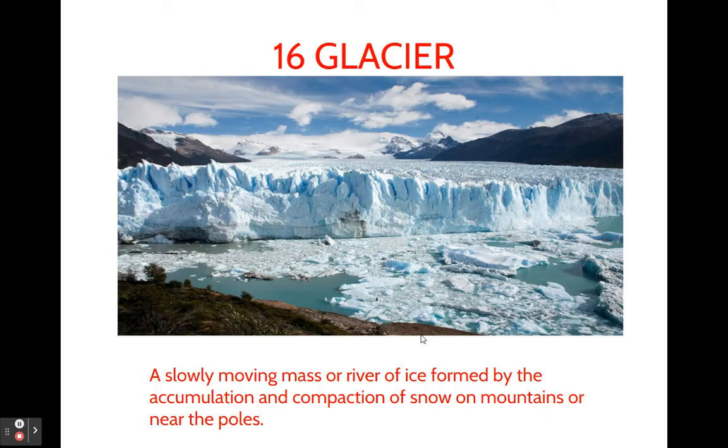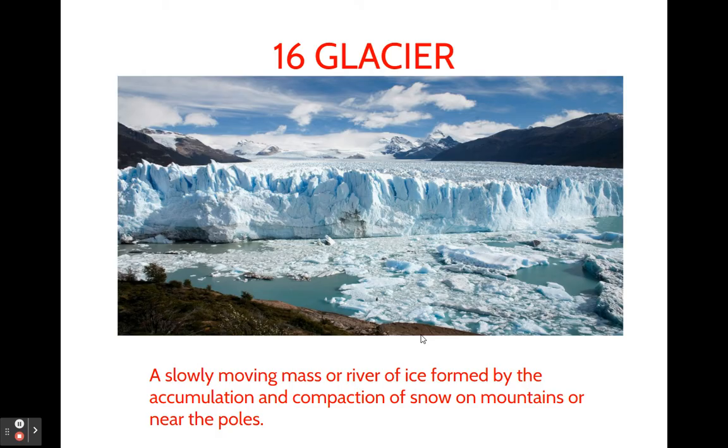16 is a glacier. A glacier is a slowly moving mass or river of ice formed by the accumulation and compaction, meaning a bunch of snow that gets compressed so tightly it is very, very dense and hard, and you can walk on it. You'd have to chisel it and hammer it to break it apart.